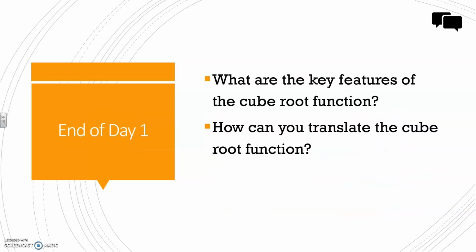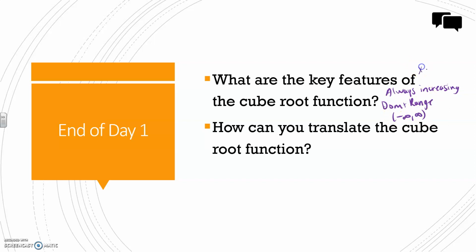To summarize, the question is, what are the key features of the cube root function? It's always increasing. The domain and range are both negative infinity to infinity, or all real numbers.